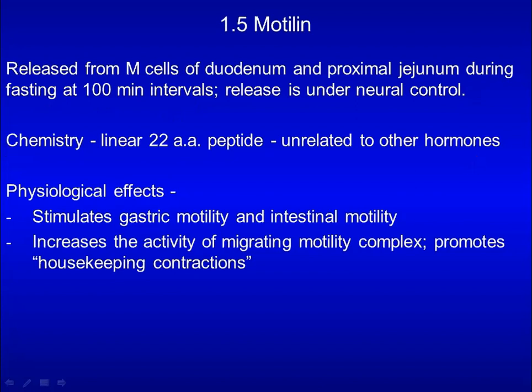Motilin stimulates gastric motility and intestinal motility to clear out the gut to prepare for the next meal. It increases the activity of the migrating motility complex. It promotes housekeeping contractions to clear out the gut.